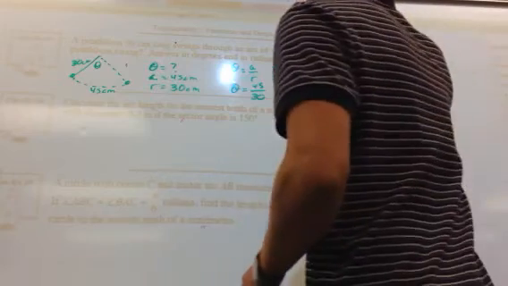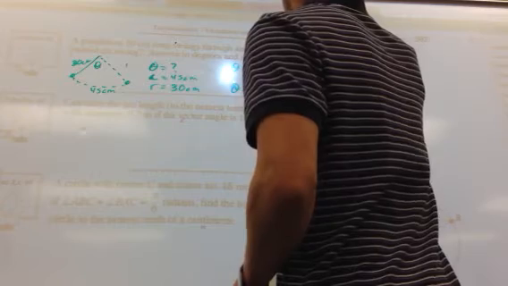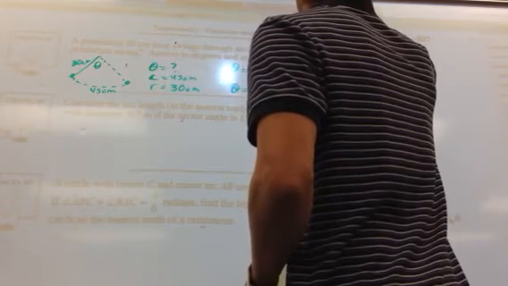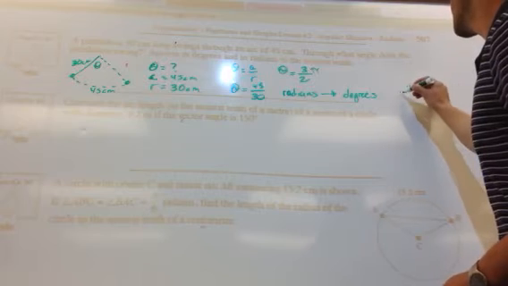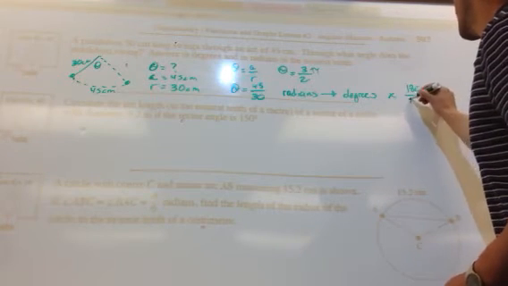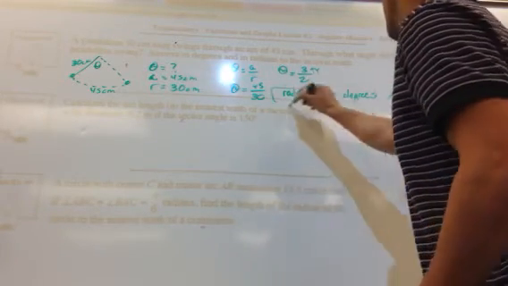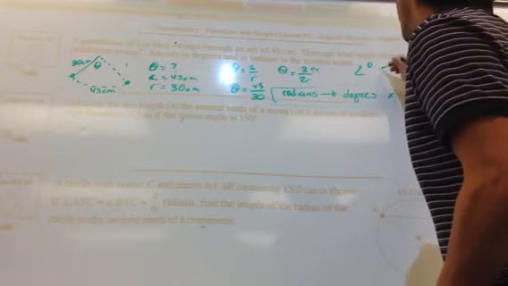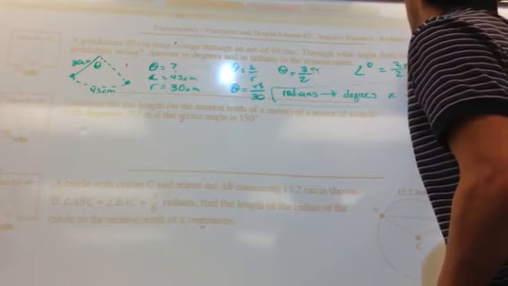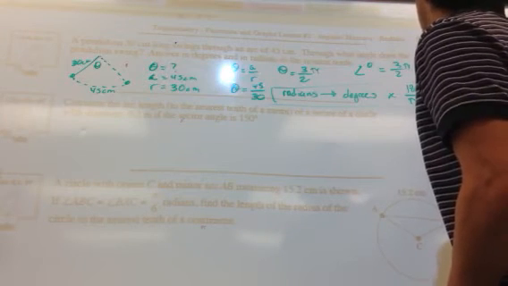So if I want to find my angle in degrees, going from radians to degrees, remember, we have to multiply by 180 over pi. This is just the conversion we're showing here. So my angle in degrees is going to equal 3 halves pi times 180 over pi.